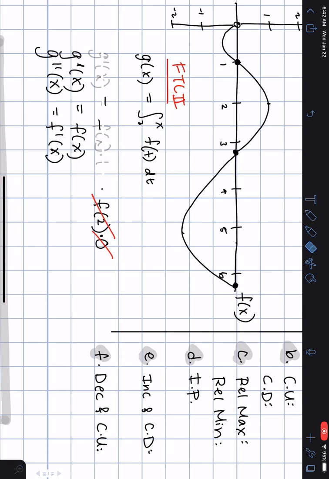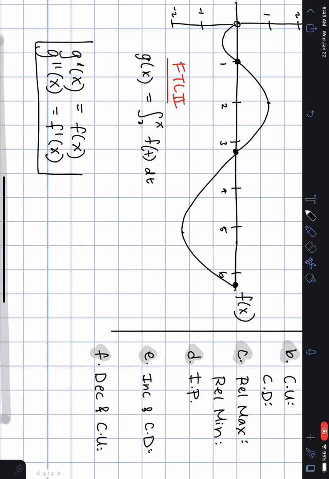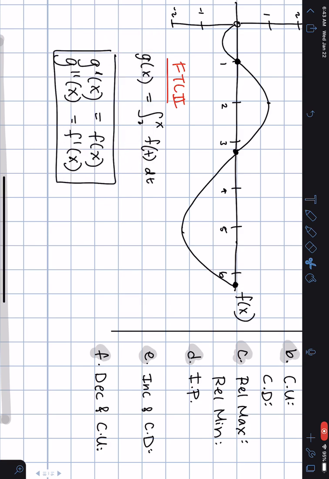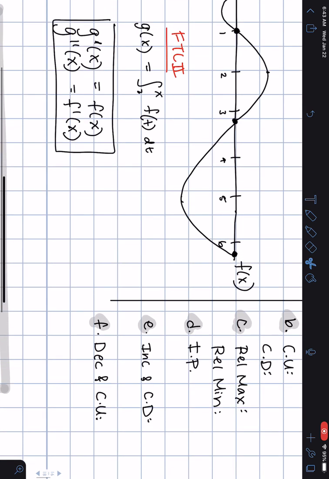So these two are going to be my guiding statements for the rest of this problem. Okay, these two right here. This is the first thing you want to do on problems like this, is just immediately write your g prime and your g double prime.